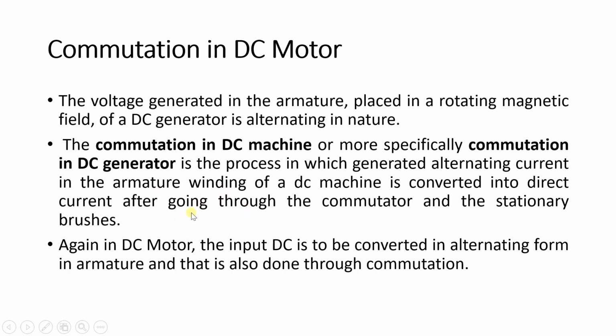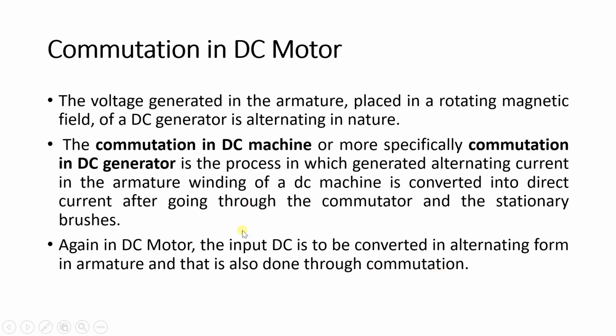So the main function of the commutator is to convert the AC current into the DC current for the constant flow. Again, in DC motor, the input DC is to be converted into alternating form in the armature, and that is also done through the commutation.